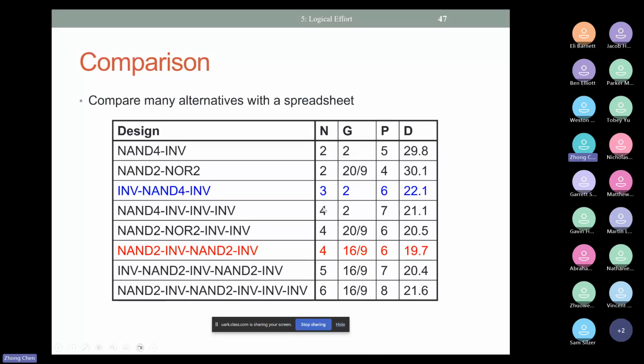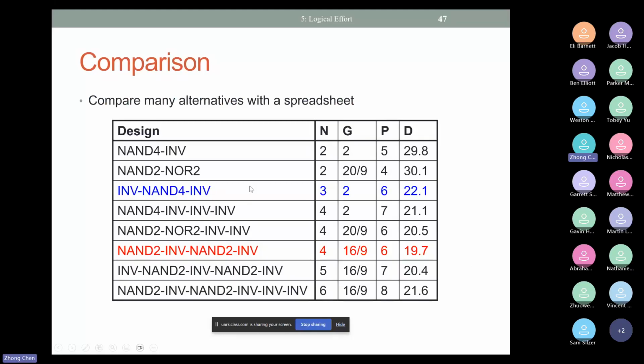In this case, we estimated the best number of stages as 3, and we pick one design to begin with. And then we calculate the real G value, the real B value and H value, and we can calculate the best delay time.